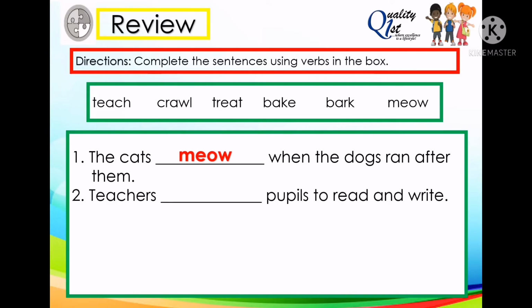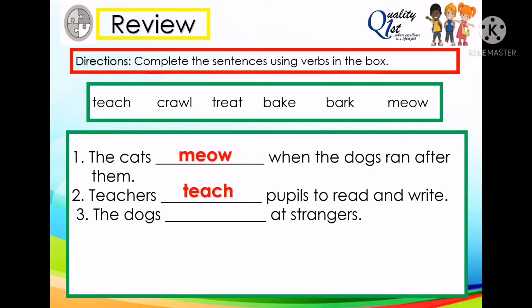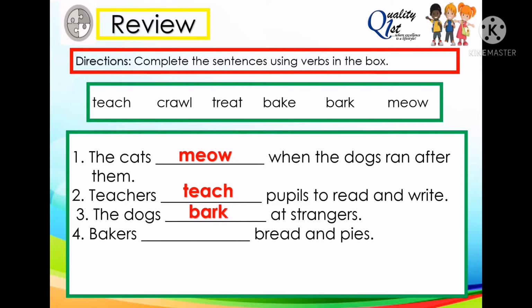Number 2, teachers blank pupils to read and write. The correct verb is, very good, teach. Number 3, the dogs blank at strangers. The correct answer is, well done, kids, bark. For number 4, bakers blank breads and pies.